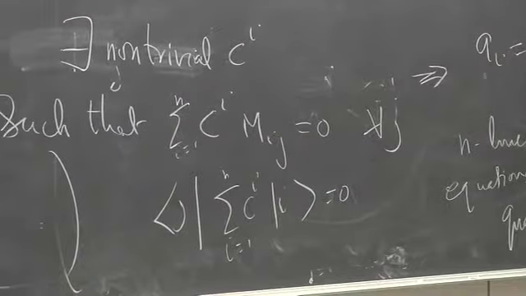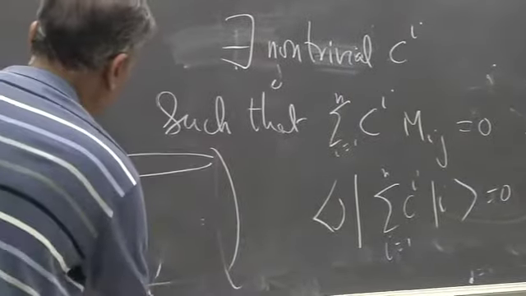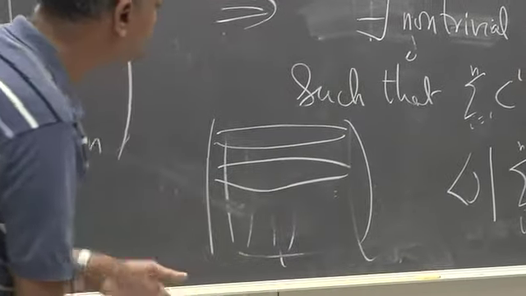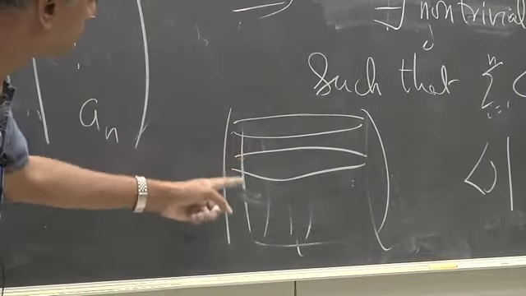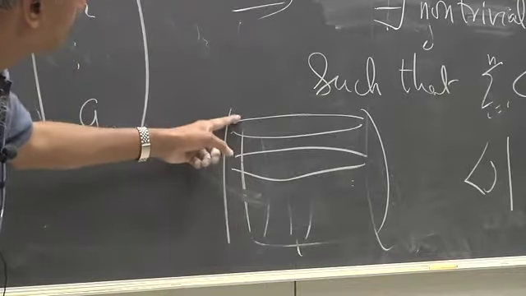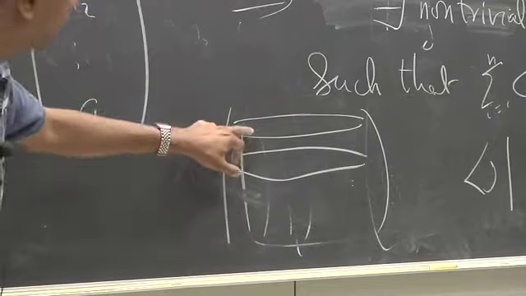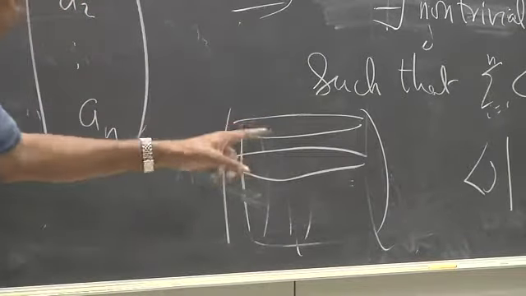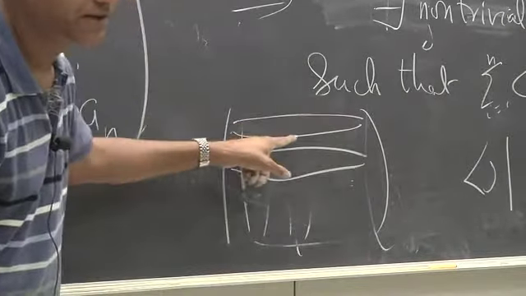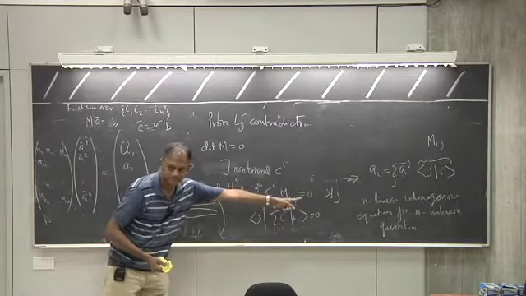I'm thinking of row. So I'm taking a linear combination of the rows: first row, second row, nth row, and we are saying that the sum of these linear combinations is 0. It's a vector statement, so it should be true for each component, right? That's why it should be true for all j.